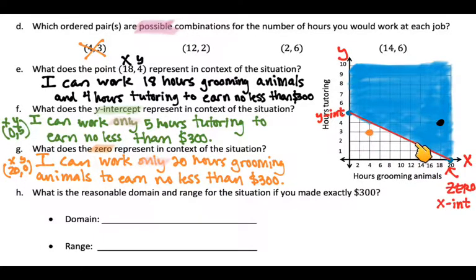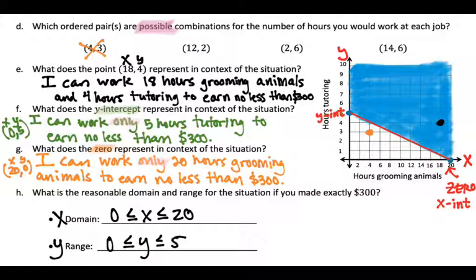We know that this is continuous, and the domain, the X values, is between 0 and 20 because the graph starts at 0. So if we look over here, this is 0 for the X values and it goes all the way to 20. And then our range, which is the Y values, is going to be from 0 to 5. So that represents my domain and range.